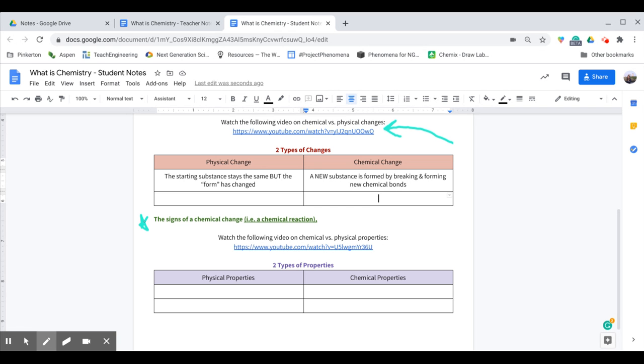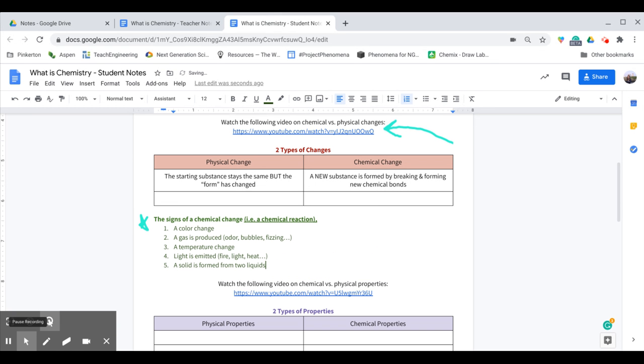So, speaking of chemical changes, we need to talk about the signs of a chemical change, also known as a chemical reaction. So, when we're talking about a chemical reaction, it's really important to understand the signs of a chemical reaction because sometimes you may not know. But one of the first indicators that there's a chemical reaction taking place is a color change.